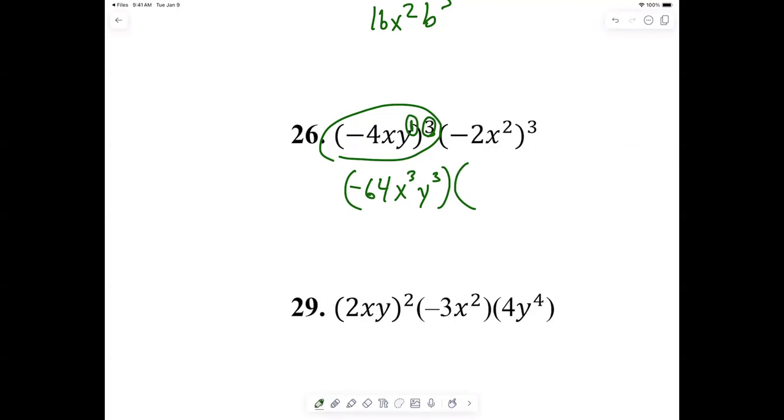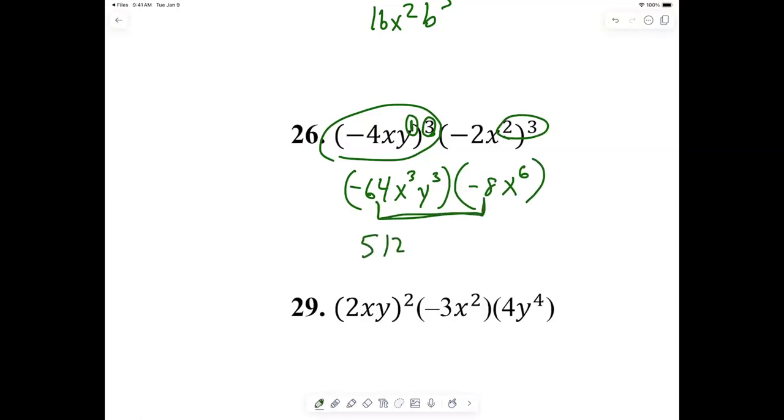What's that? Negative 8. X to the 6. All right, now negative times a negative is a what? Positive. Right, and 64 times 8.